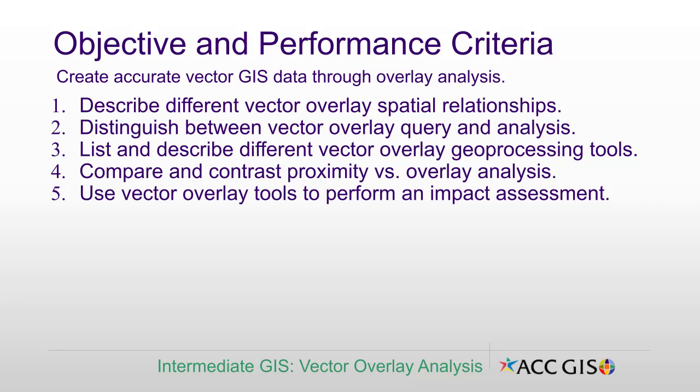You should be able to list and describe different vector overlay geoprocessing tools like erase, union, or spatial join. You should be able to compare vector proximity versus overlay analysis. Vector proximity models what's near what, and vector overlay analysis models what's on top of what. And last, you'll use vector overlay tools to perform an impact assessment both in the lecture demo and the project.